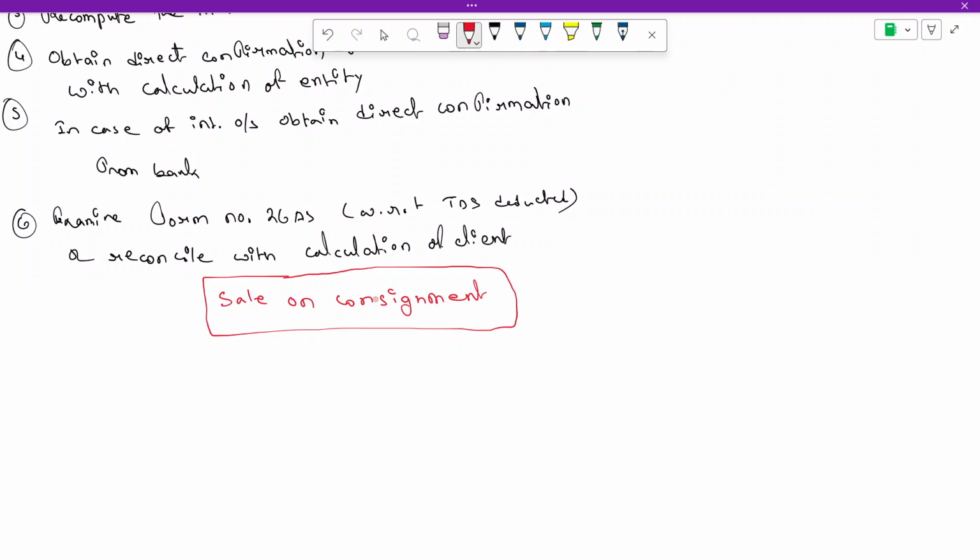Sale on consignment: check consignment agreement.